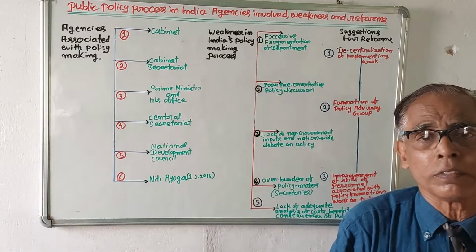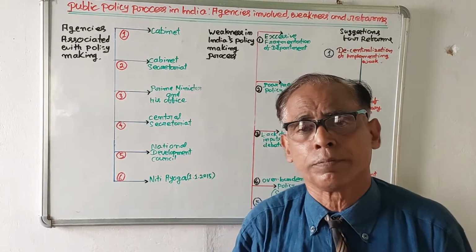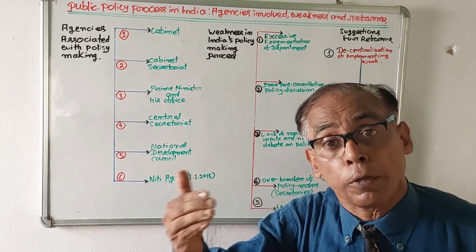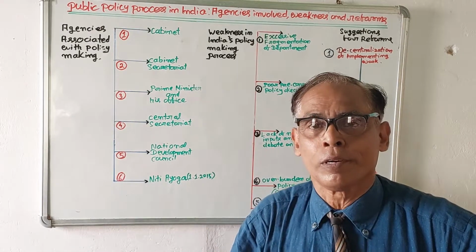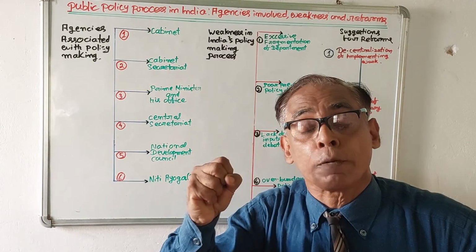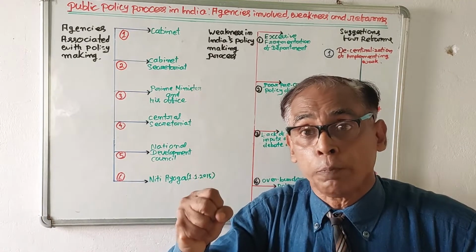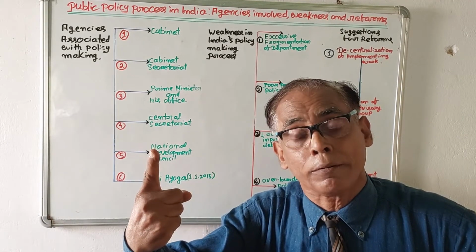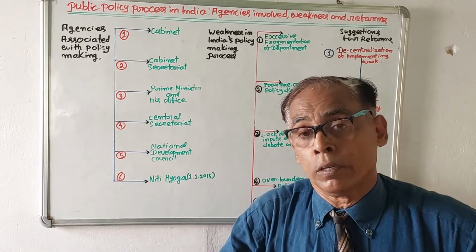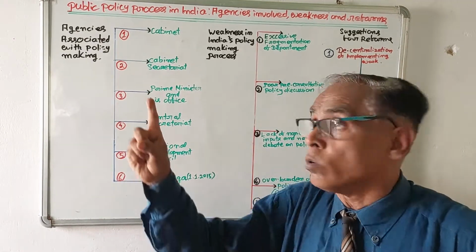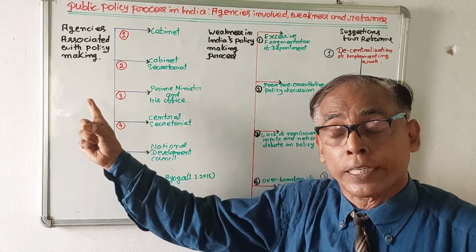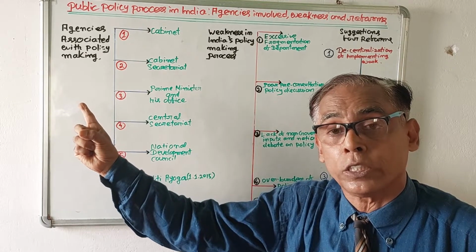So my viewers, in this video I have discussed what is public policy, what is the importance of public policy, how public policy determines the nature of a government. We have discussed institutions which are associated with the formulation of public policy.